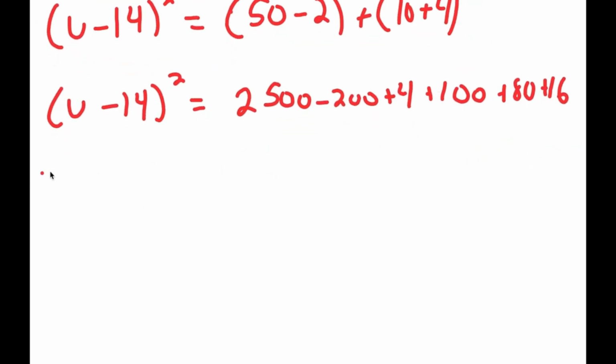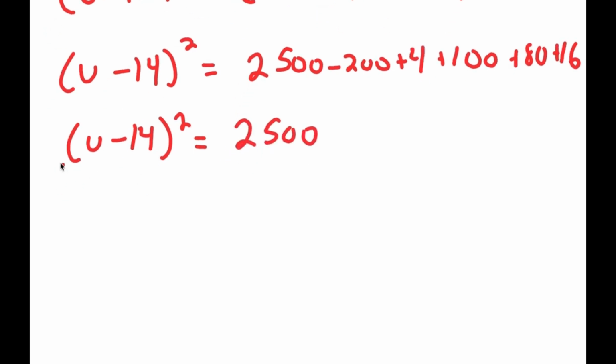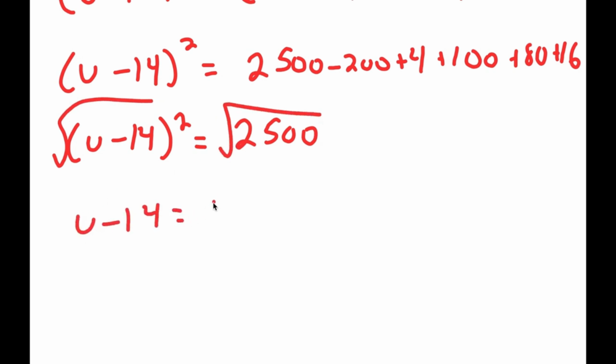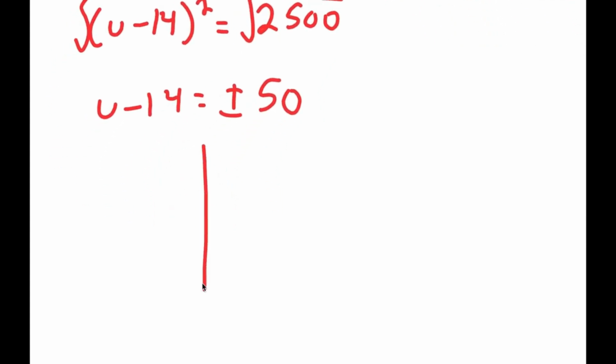And now if we add these up, we get (u minus 14) squared is equal to 2500. And if we take the square root on both sides, we get u minus 14 is equal to positive or negative 50. So we get two equations: u minus 14 is equal to positive 50 and u minus 14 is equal to negative 50.